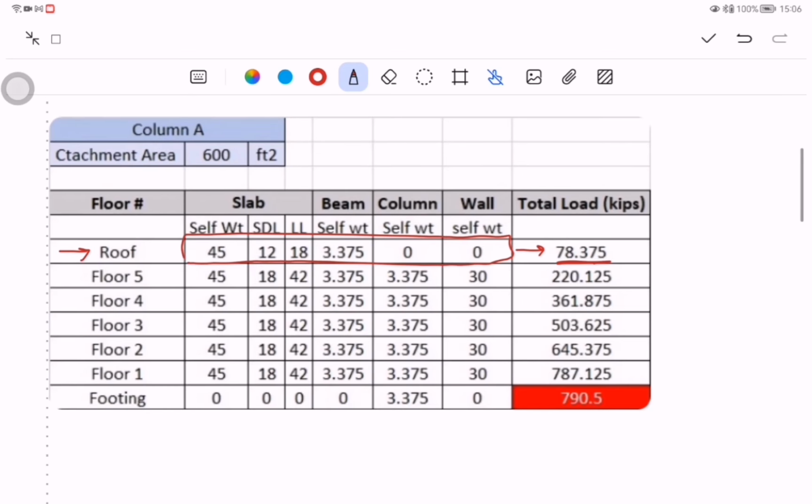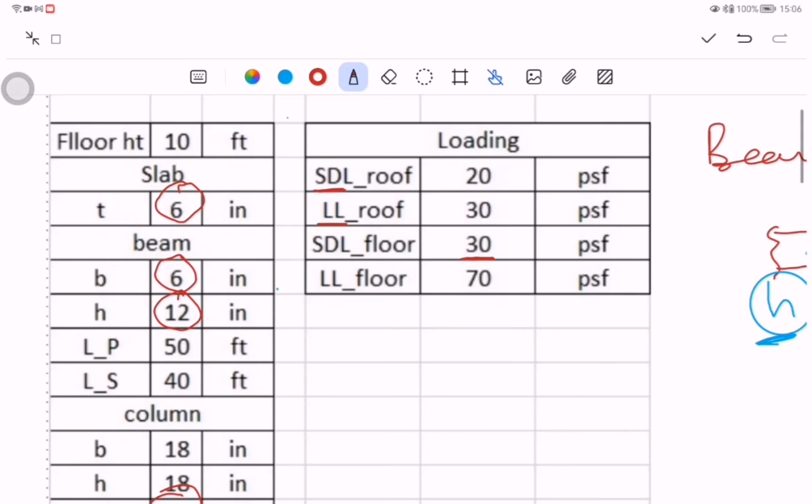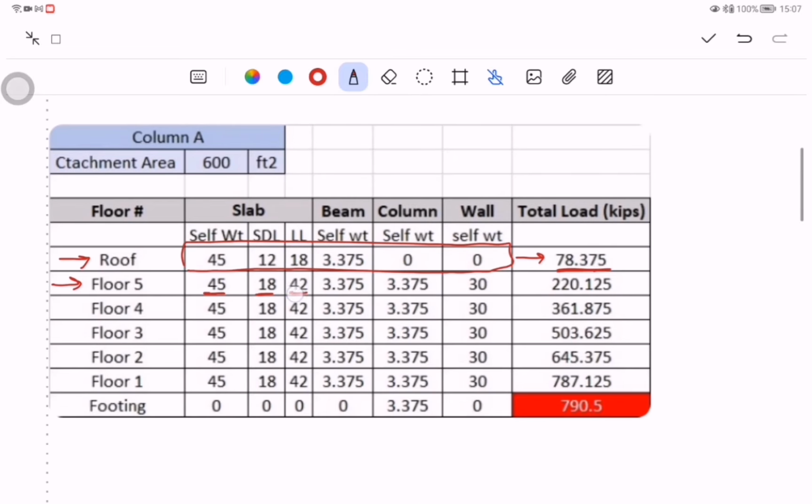Similarly, you go to floor 5 and calculate the self weight, which will be the same. You calculate the superimposed dead load, which will be different because the values have been updated for the superimposed dead load and live load. The self weight of the beam will be the same.